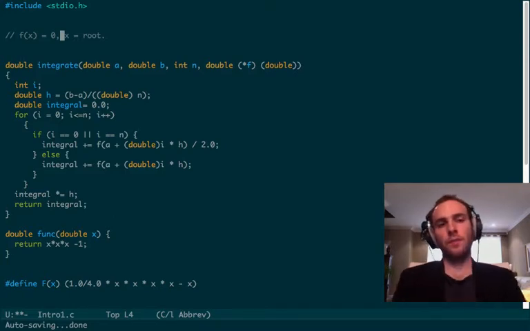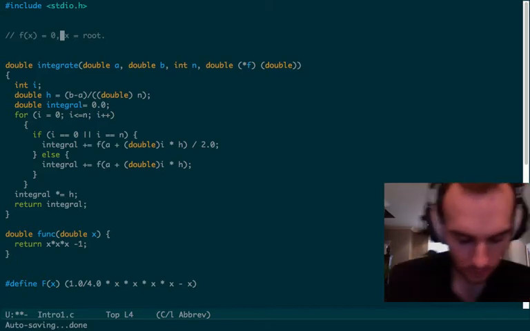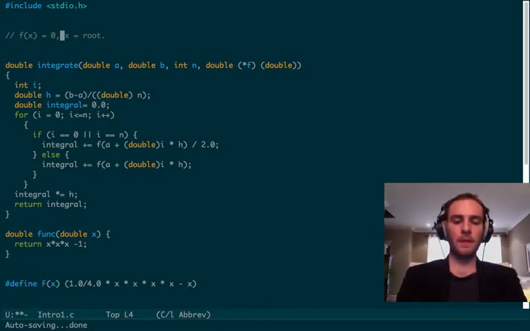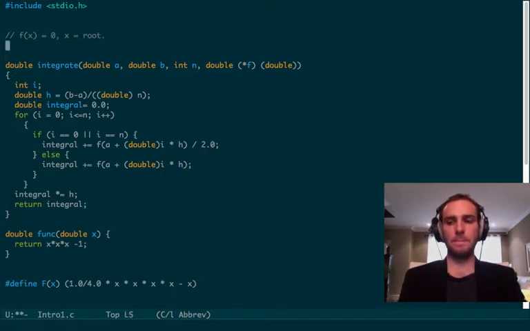And if you do that long enough, you get a small interval. But there's another way to find the root of a function, and it's to assume that the function has a certain form. For instance, to assume that the function is linear. It's just to give you a narrative to follow between integration and root finding. The truth is that you have all of these methods that you sometimes use.